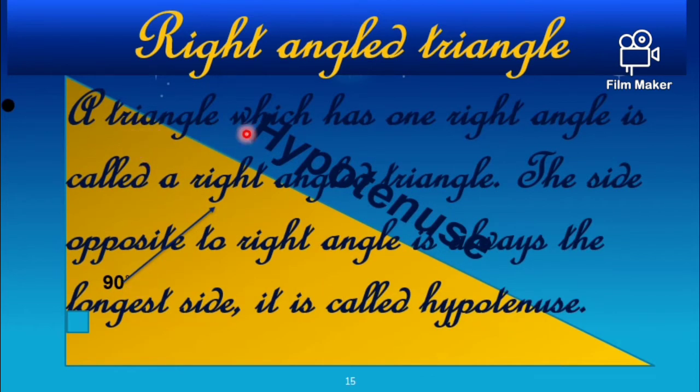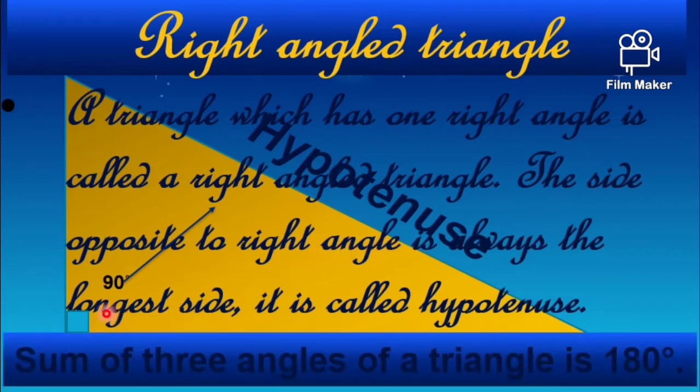A triangle which has one right angle is called a right angle triangle. The side opposite to the right angle, as we discussed before, is always the longest side. This longest side is called the hypotenuse. It means the longest side of a right angle triangle is the hypotenuse, which is opposite to the right angle or the angle of 90 degrees.